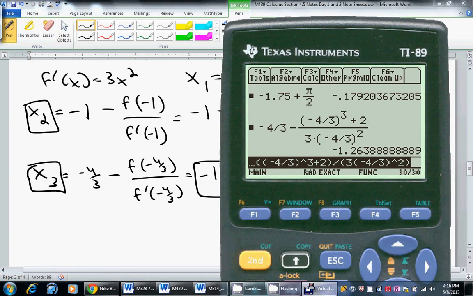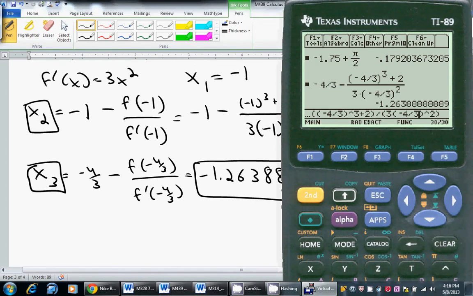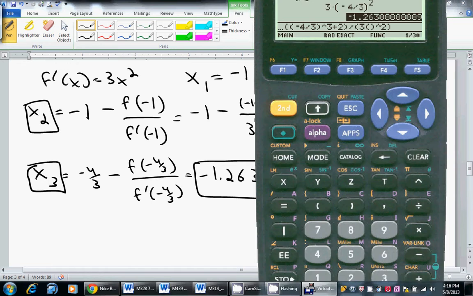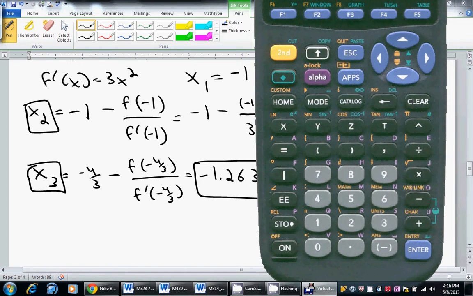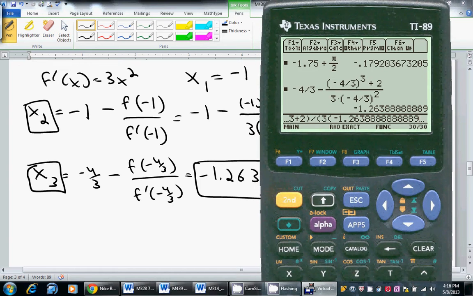Now, if I wanted to, I could just take my input right here on my calculator. Let me make this a little bit smaller. I can delete out the 4/3, and I can just hit the up key and hit enter, and that'll replace the negative 4/3 in my function with my previous answer.